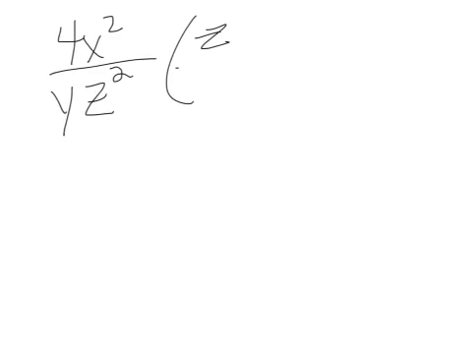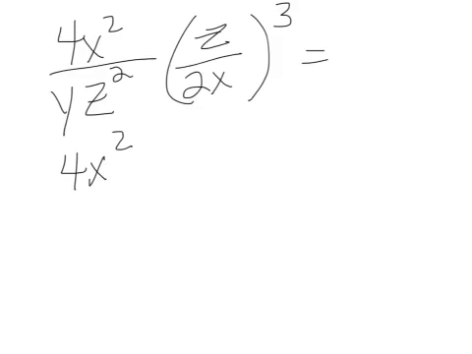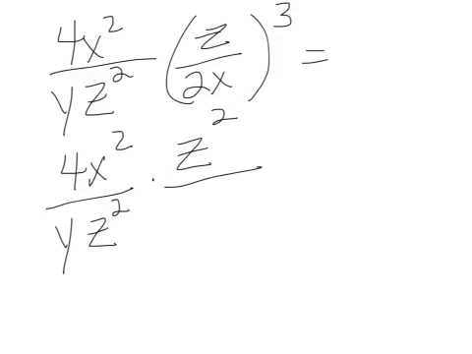Now, if we have 4x squared over yz squared times z over 2x all cubed equals 4x squared over yz squared times z squared over 2 cubed is 8, x cubed.